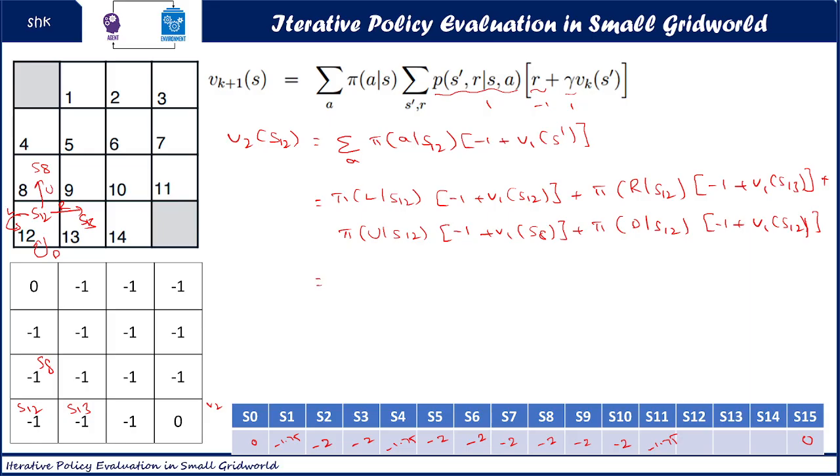So substituting the values, you'll get 0.25 into minus 1. Here all the 4 values are minus 1 only.